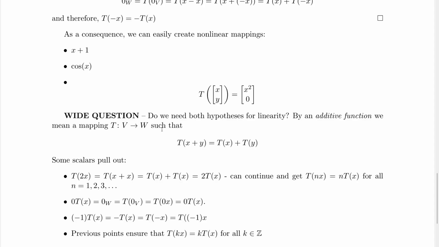Well then you can pull out -2, because you can pull out -1 and then pull out 2. Then you can pull out -3, because you can pull out the minus and then pull out the 3. So on and so forth. So integers can always get pulled out. So if I only assume additive, integer scaling can be pulled out. And it gets better. Take a rational number.